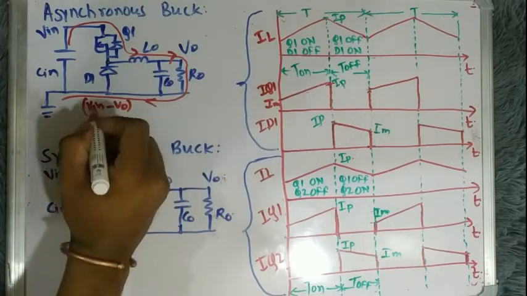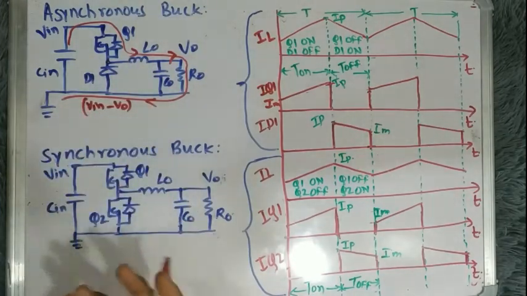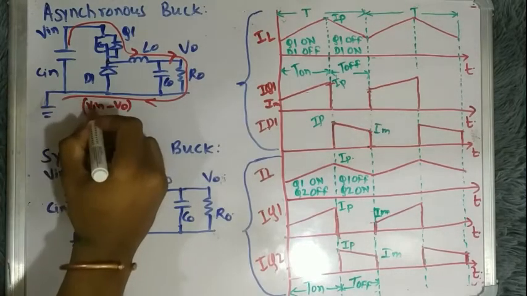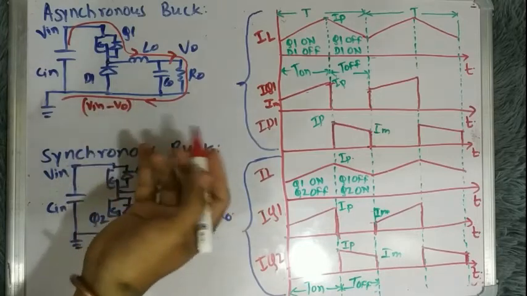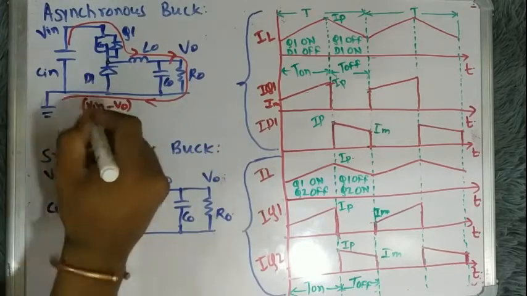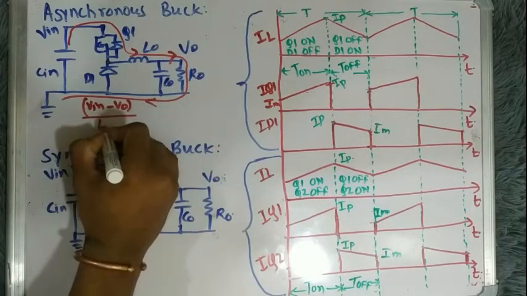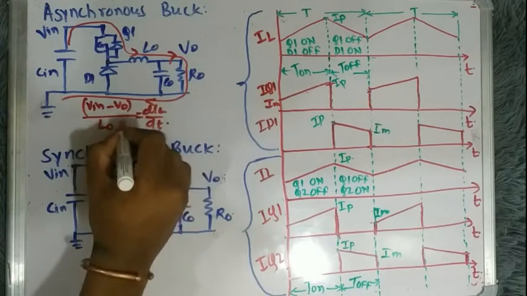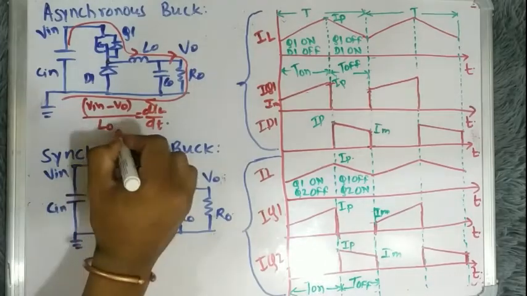We know V is equal to L di/dt, or V by L is equal to di by dt. So this is the basic inductor equation. We have Vin minus VO, the net voltage across the inductor, so (Vin minus VO) by LO is equal to dIL by dt. This is the slope equation for this time duration.